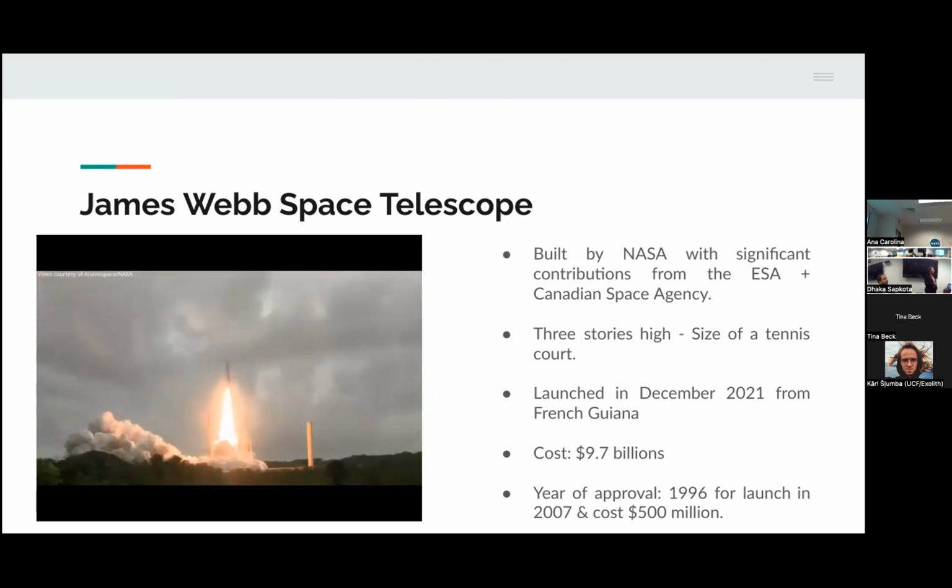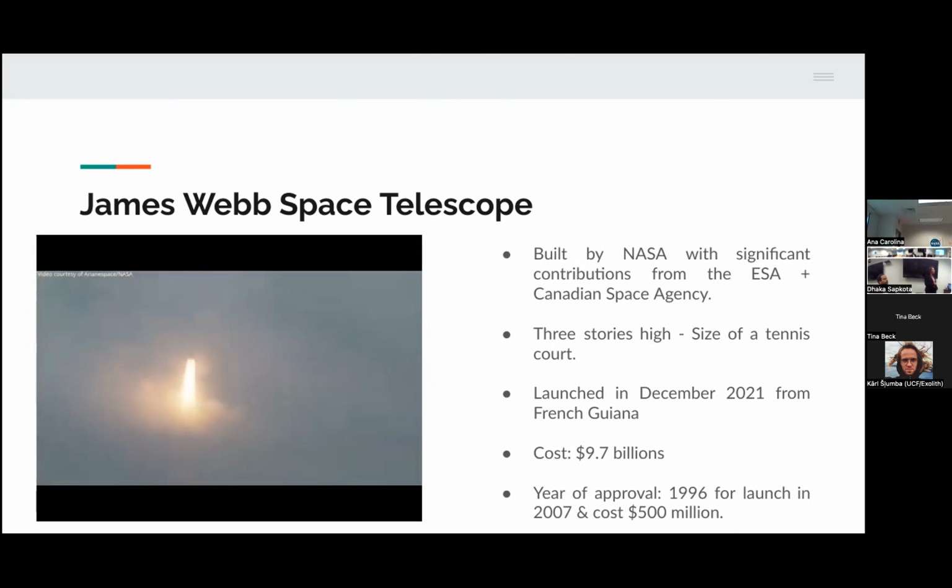Lifted off from a tropical rainforest to the edge of the sun itself. James Webb begins a voyage to the birth of the universe. Through the clouds, this vehicle performance is nominal.